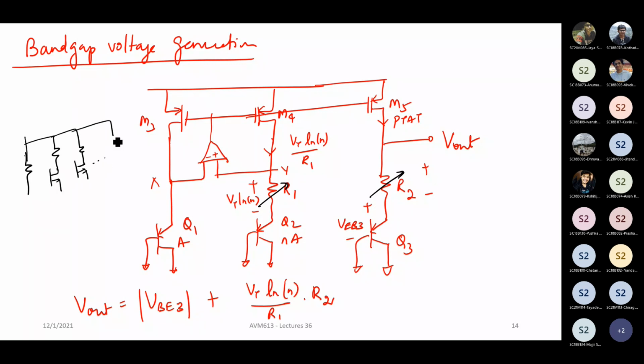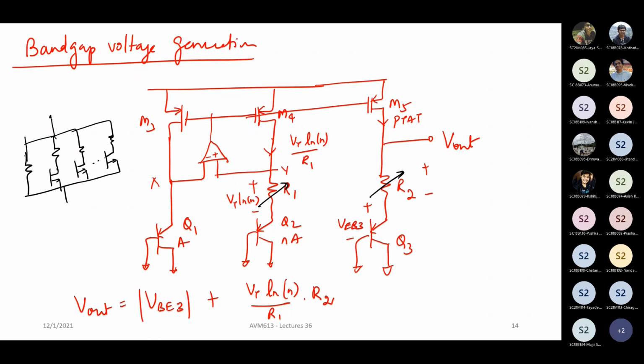Based on the actual value that you're having, they will feed a certain code into this, such that the parallel combination of this entire resistor is going to be exactly what you want. Or it can be a series combination also. The way it is implemented differs from project to project, but typically these things are trimmed. Many times you'll have both an untrimmed band gap as well as a trimmed band gap. All right.